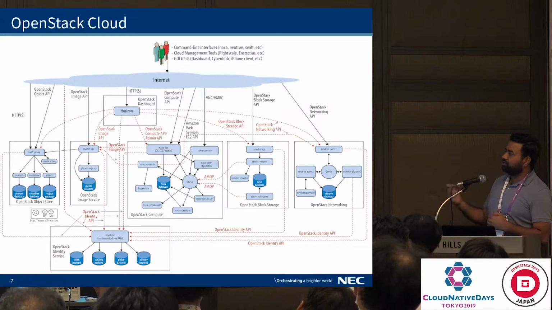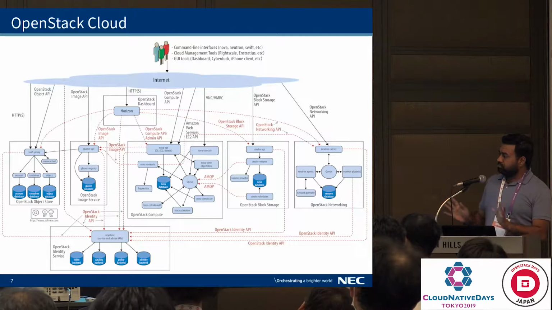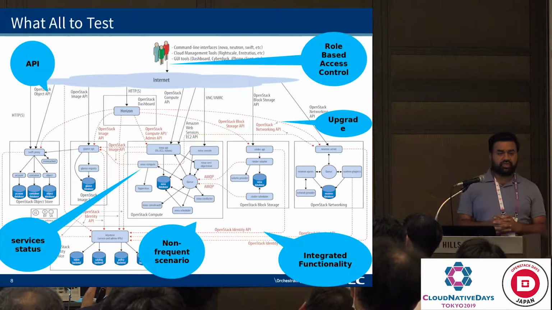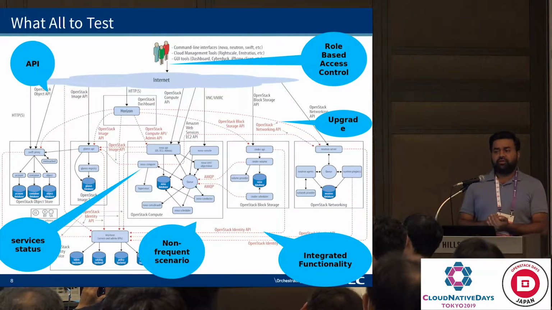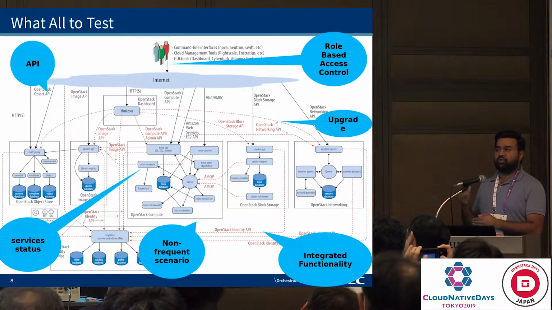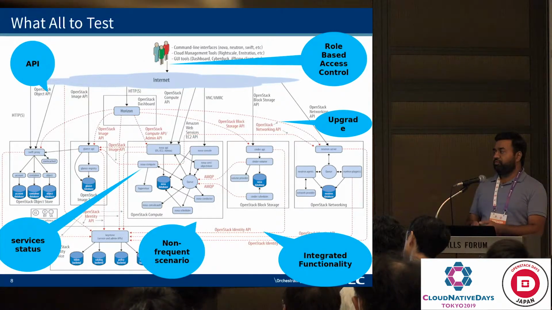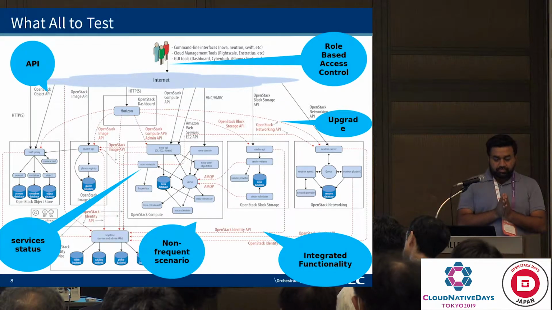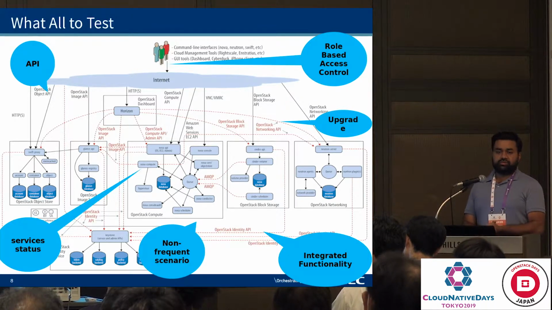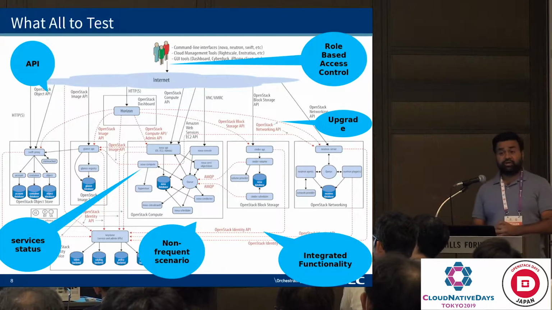So the user interacts with RESTful APIs and performs operations. From this, what should we test in our daily operation, to make sure things are working? Because we don't want failure when a user is trying an operation. We want to make sure everything is working whenever a user is performing any operation, and our cloud is in a working state. The very first point is APIs, whether your APIs are working or not.